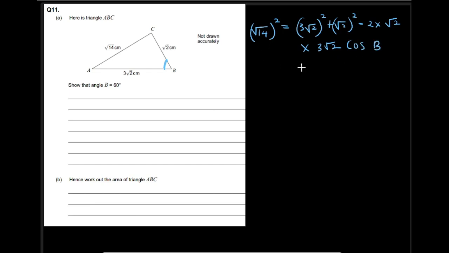All right, simplifying this, we have root 14 squared, which cancels and we're left with 14.